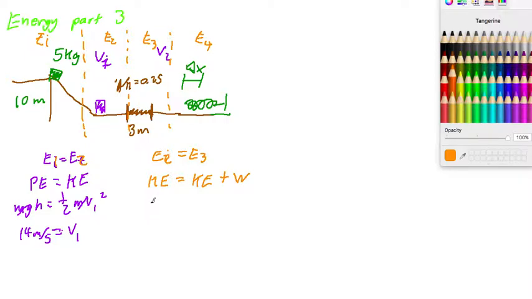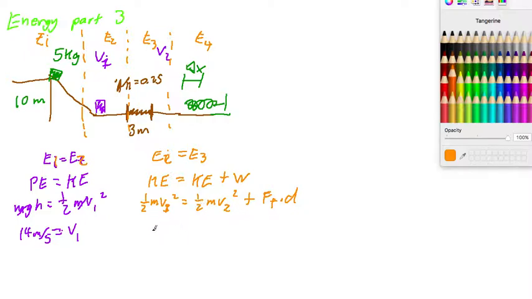So now here we're going to say, all right, this is going to be 1/2 mv1 squared equals 1 over 2 mv2 squared plus work done by friction. So that will be force of friction times distance from our video of work. All right, so now we're trying to find V2, the velocity that it exits with.